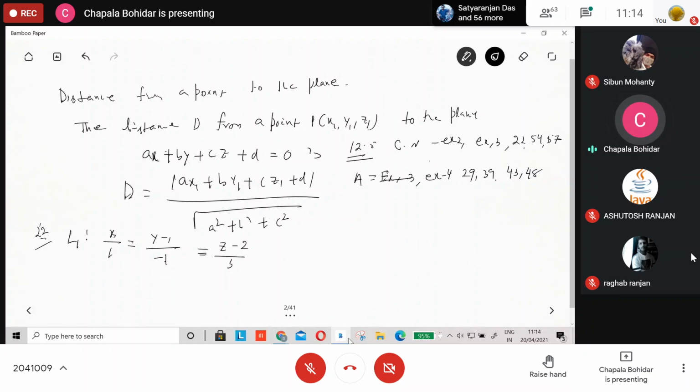And L2 is x minus 2 by 2 equal to y minus 3 by minus 2 equal to z by 7. Are they parallel?